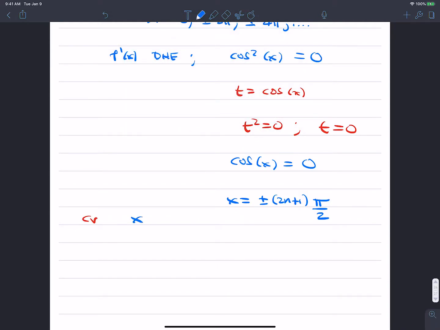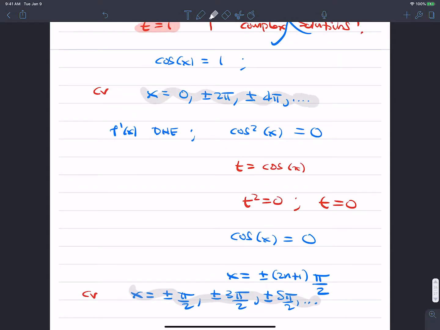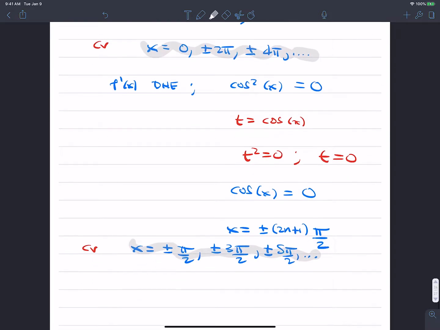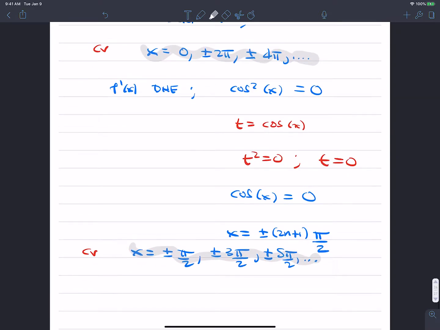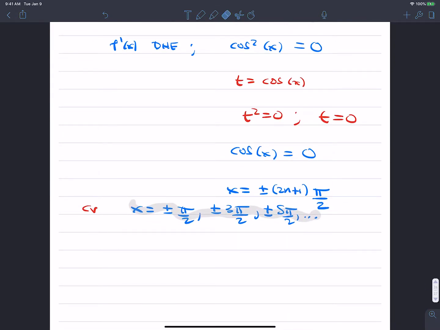We'll see. x will be plus or minus 1 pi over 2, plus or minus 3 pi over 2, plus or minus 5 pi over 2, and this goes on forever. So we're going to use these values and these values because this is where you have, again, that derivative is 0 or that derivative does not exist, so we don't know.